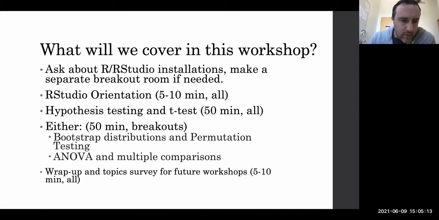So our hope is that if you choose one or the other, you'll be able to do the other one as a self-guided tutorial. And then at the end, we have a survey link that we're hoping you would respond to. Mainly, we'd like to know what kind of topics you might like to see in a future workshop along these lines.